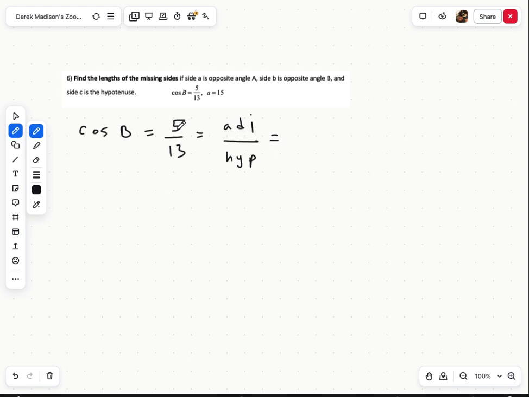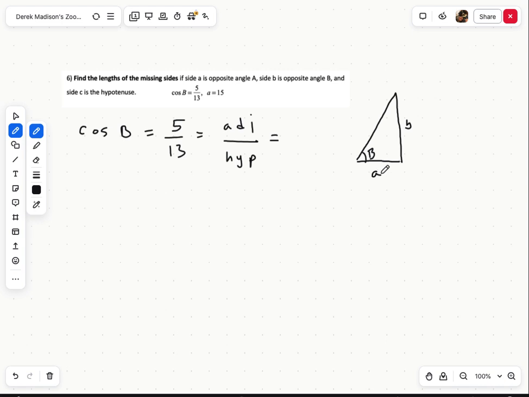And so instead of calling this A and C in my triangle, let me draw this triangle real quick over here. We have some angle B, and let me call that angle B, that I don't know what it is. I know the adjacent side, and the opposite side has to be B, right?